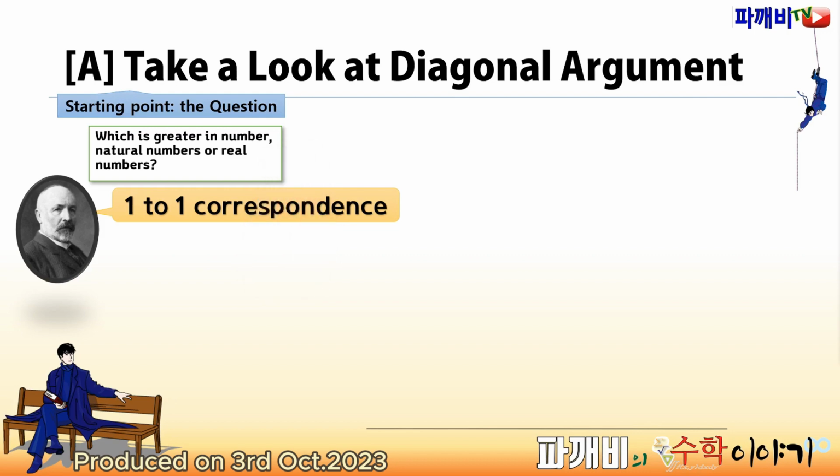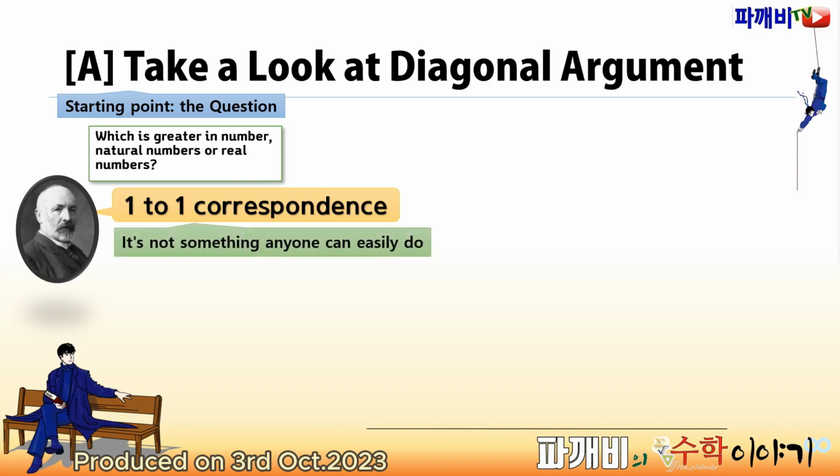While studying set theory, you can see a method that proves that the number of natural numbers and rational numbers, that is, fractions, are the same. Seeing that, you can realize that it's not something anyone can easily do. Finding a way to establish a one-to-one correspondence requires a significant amount of creativity.